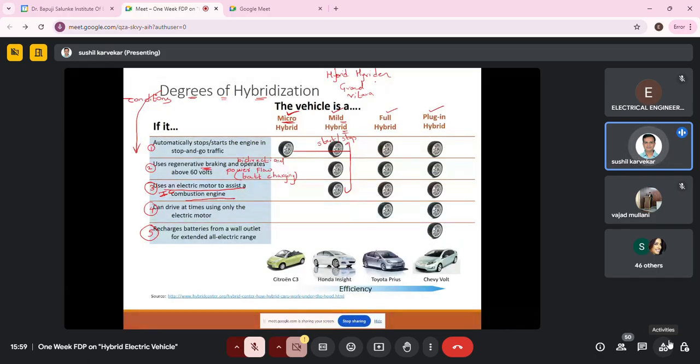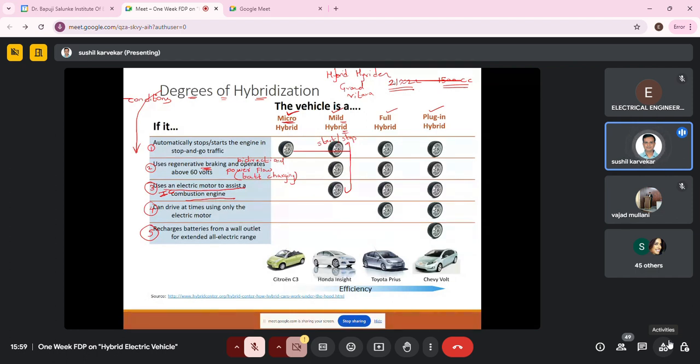If you see both these vehicles, the mileage is around 21 to 22, even if the capacity is around 1500 cc. So for a vehicle with a rating of 1500 cc, we are getting a mileage of around 21 to 22 per liter of petrol, which is really nice.